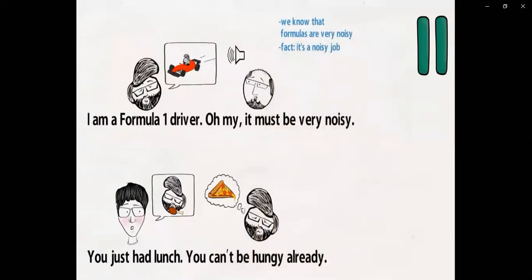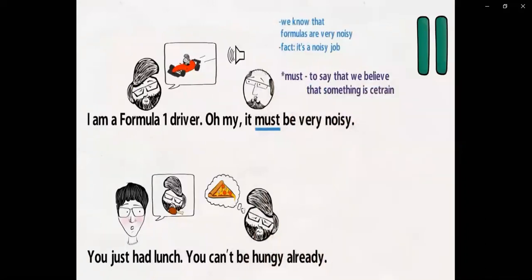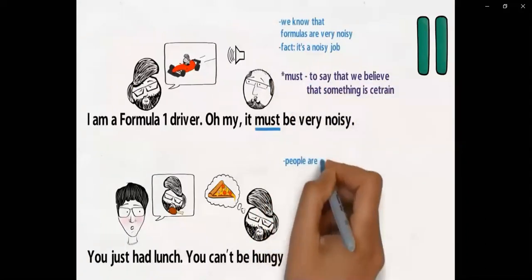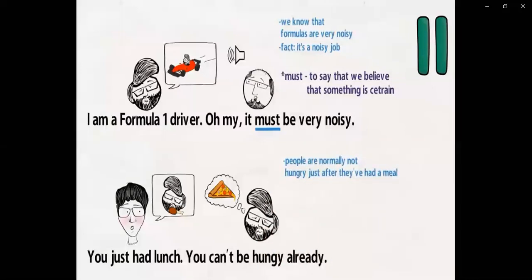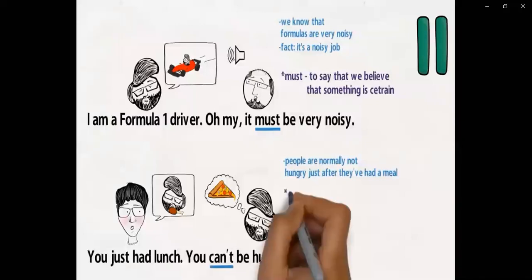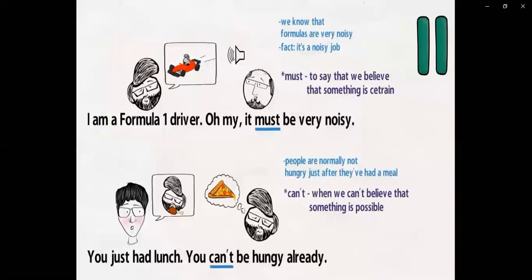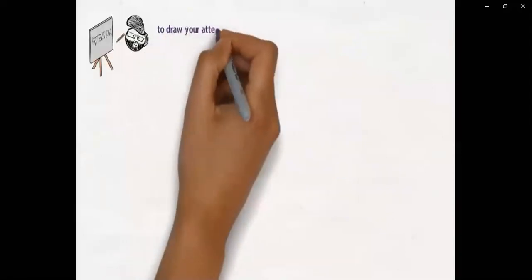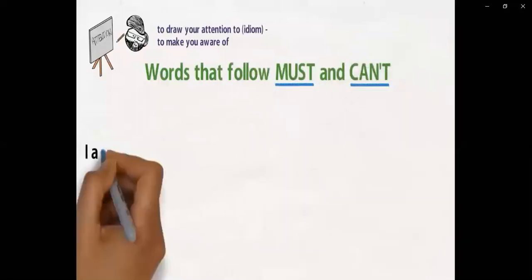Therefore, we can say that we use must to say that we believe that something is certain. In the second example, we can assume that people are normally not hungry just after they've had a meal. So, we can say that we use modal verb can't when we can't believe that something is possible. Or, to put it differently, that we believe that something is impossible. And now, I would like to draw your attention to the words that follow must and can't.